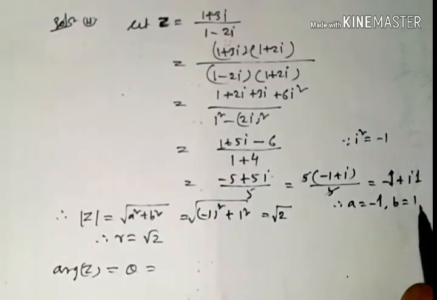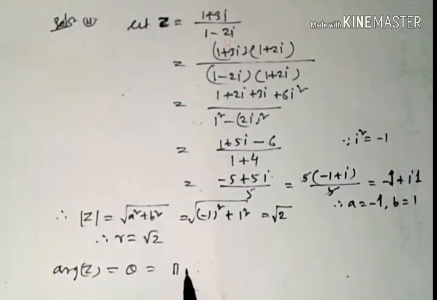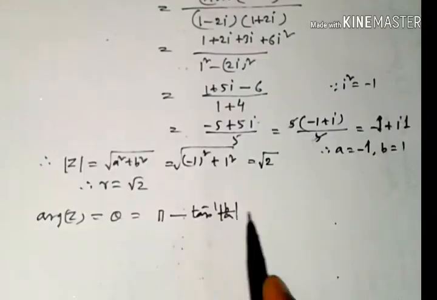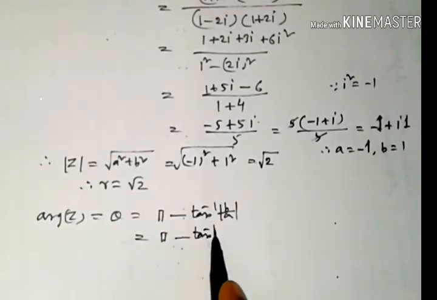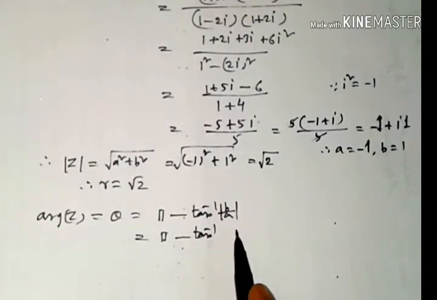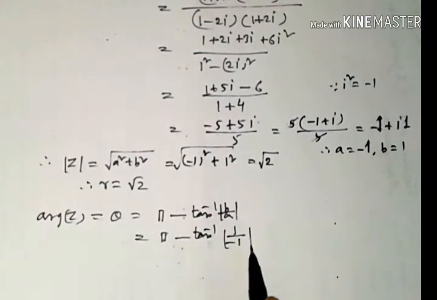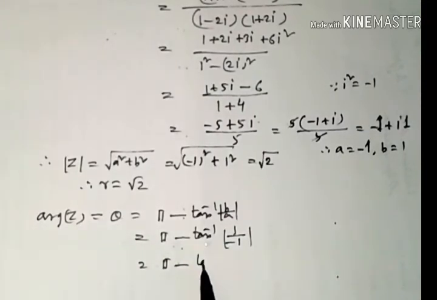A is negative, b is positive, therefore it is in the second quadrant. Therefore, in the second quadrant, pi minus tan inverse b by a. Therefore pi minus tan inverse 1 by minus 1, that is tan inverse 1, that is pi by 4.